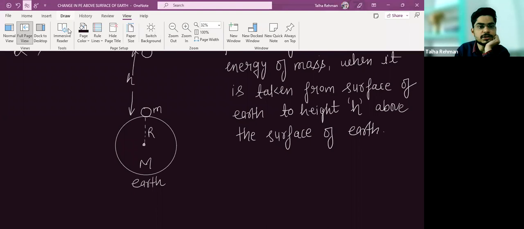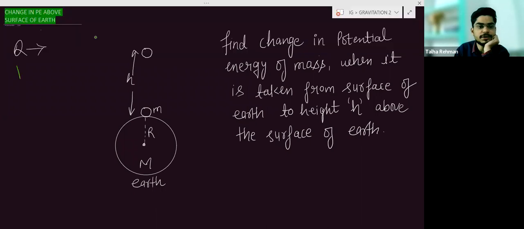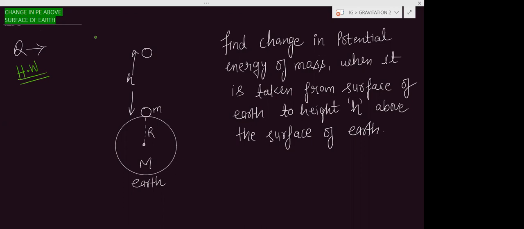So basically this is homework for you. Please try it. Take the help of notes. Try this question. You have to find the change in the potential energy of this mass. Okay, sir. So this one I submit to you tomorrow.